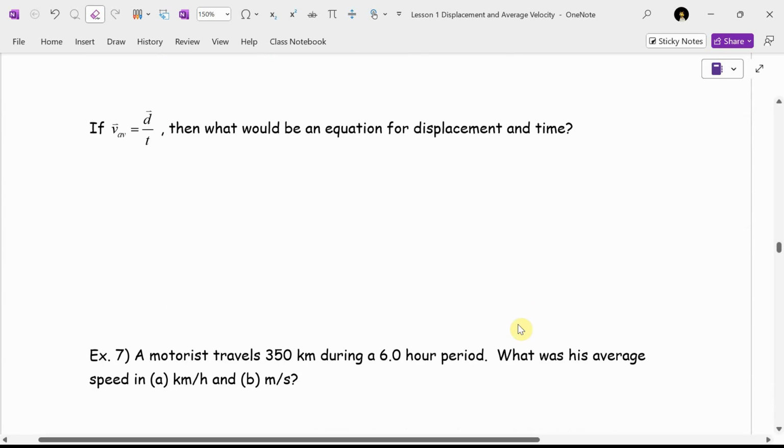So, if average velocity is displacement over time, what would be an equation for displacement and for time? I'm going to teach you something called formula manipulation. I'm going to teach all of you to derive equations in your head without memorizing them.